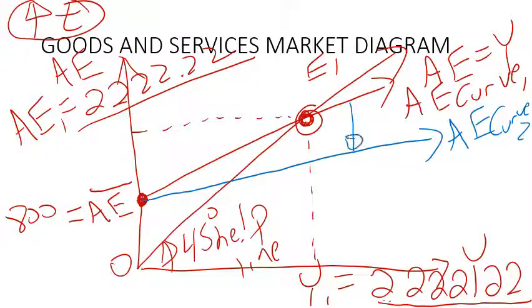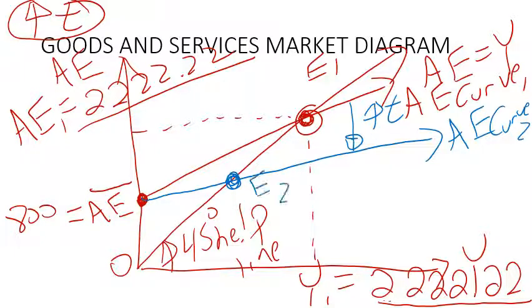So the AE curve has shifted from AE curve 1 to AE curve 2, and this is due to an increase in the personal income tax rate, which has decreased disposable income, which in turn has decreased consumption, which in turn has decreased the GDP level. So the new equilibrium is right here.